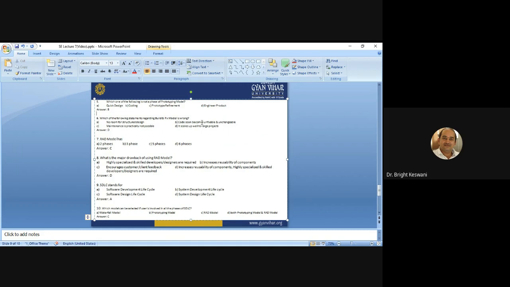Build and fix is suitable for small projects, so it scales up well to large projects is the right answer. The RAD model has two phases, three phases, five phases, or six phases. Five phases are there in the RAD model, as you know.